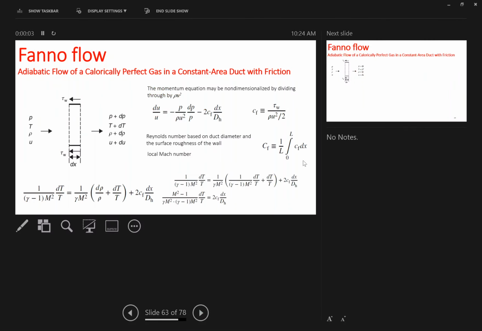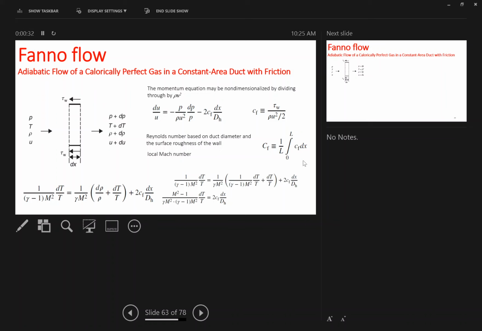During the last lecture, we talked about Fanno flow and Rayleigh flow, and the idea was that applying heat transfer to a constant area duct, or considering the friction in a constant area duct, actually acts the same as changing the area of the duct, right?